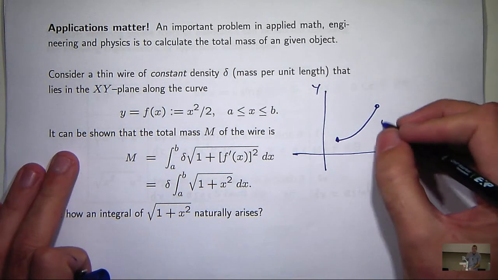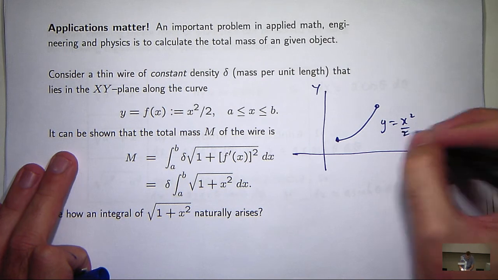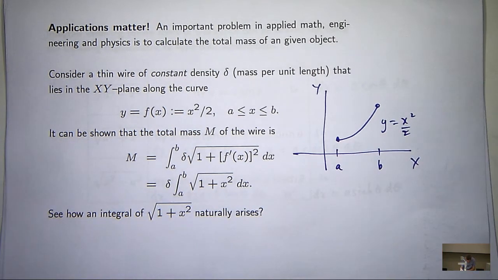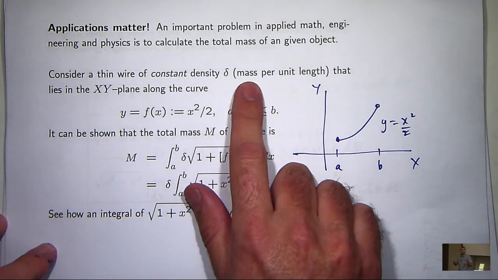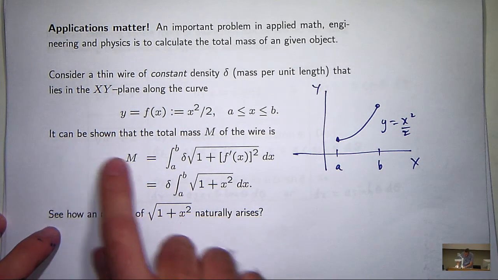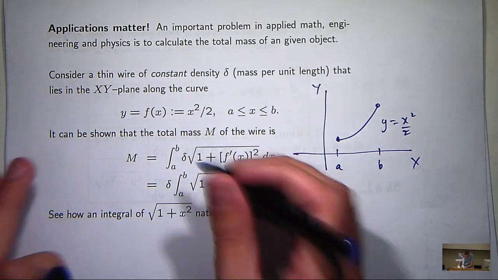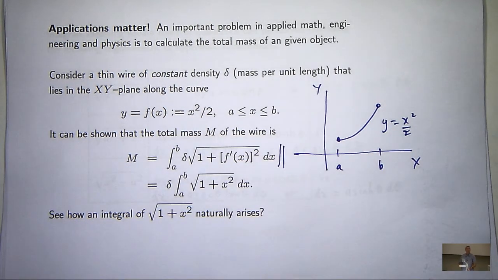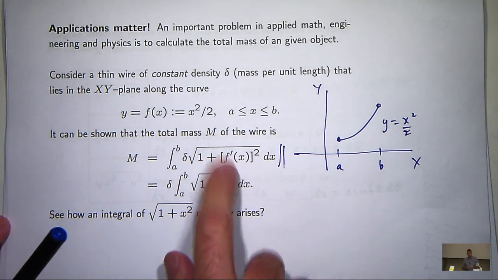One of the basic problems in engineering, applied sciences, and physics is to calculate the mass of a given object, right? In this example, you've got a mass with constant density in mass per unit length. You can use this representation involving the derivative, and we'll learn where this comes from later in the session, probably about week 11 or week 12.